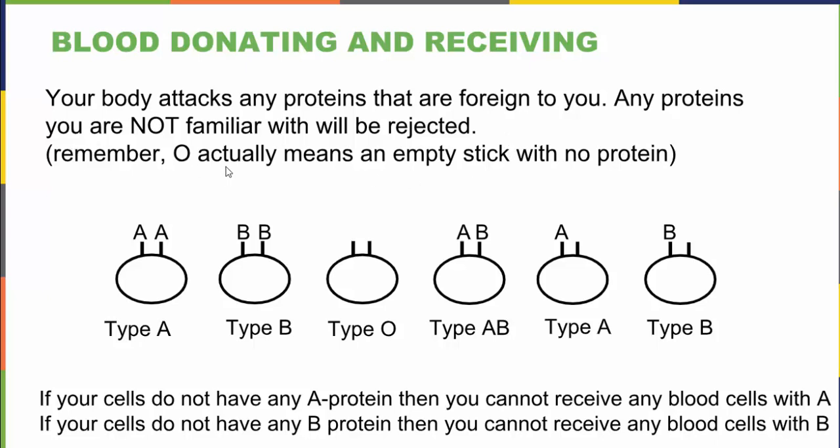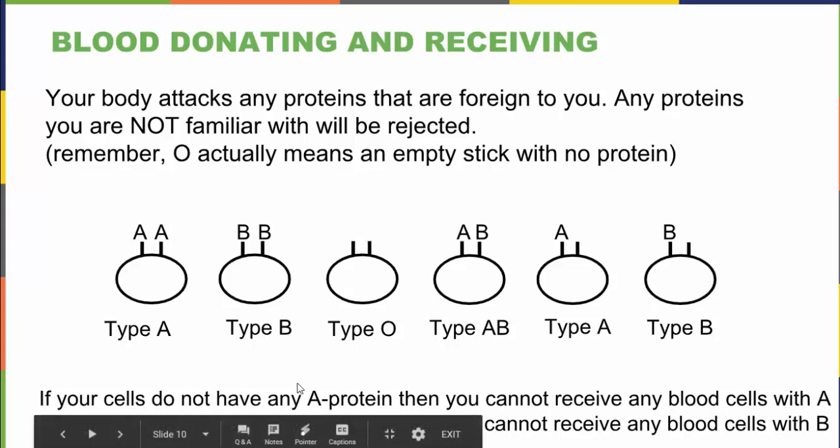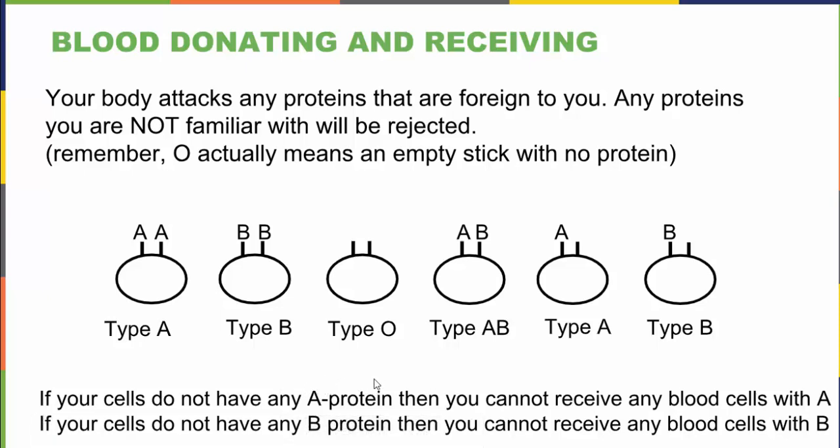And keep in mind here that whenever we see blood type O, these empty sticks, there's nothing there. It's just absence of something. Okay, so keep in mind that that's just sort of null. There's nothing there. So if your cells do not have any A protein on them, that means that your body recognizes that A protein as a foreign invader.